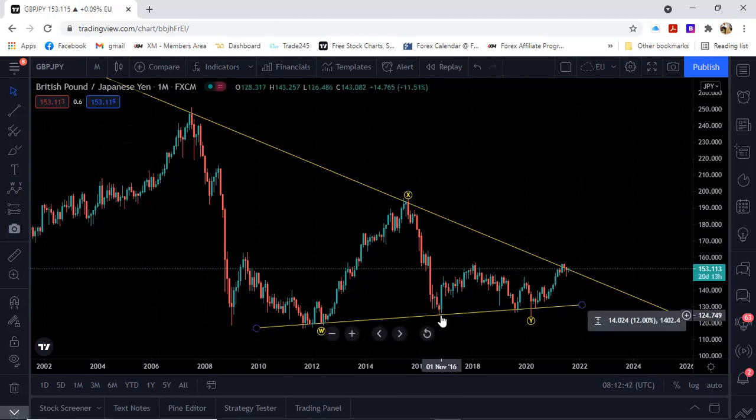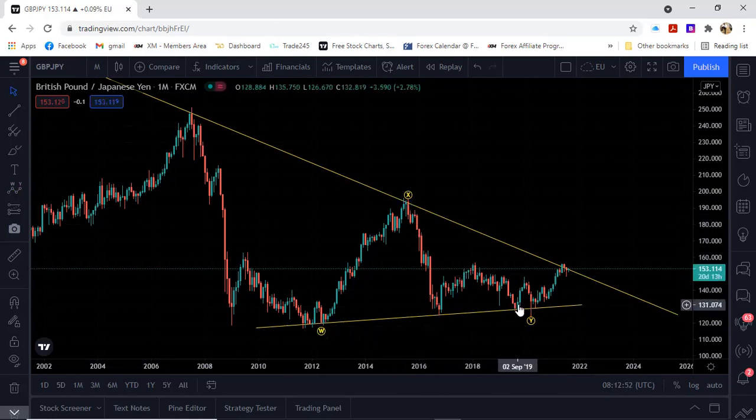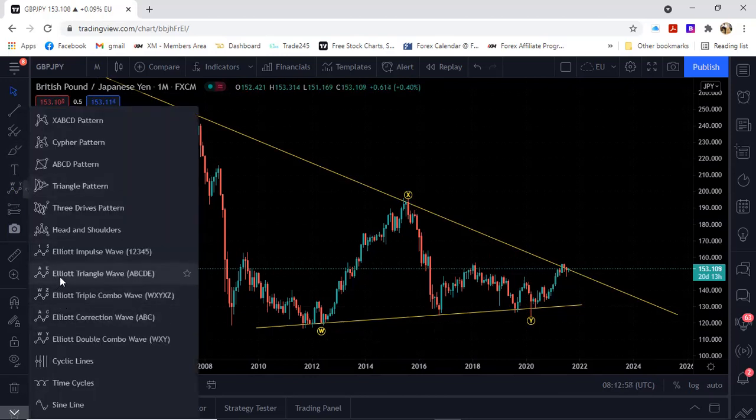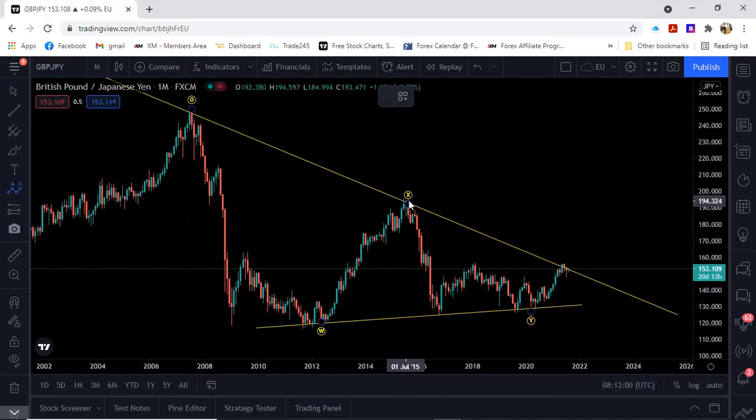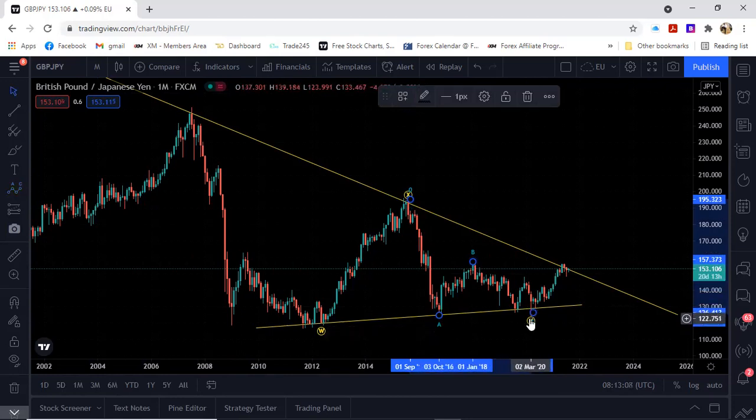That's our A, and 1, 2, 3 for B. Then an ending diagonal like a triangle formation for our C to give us a 5, 3, 5. So that's an ABC to give us this Y. Let's put that ABC on this leg as well. So you can see we have something like this to give us that Y.